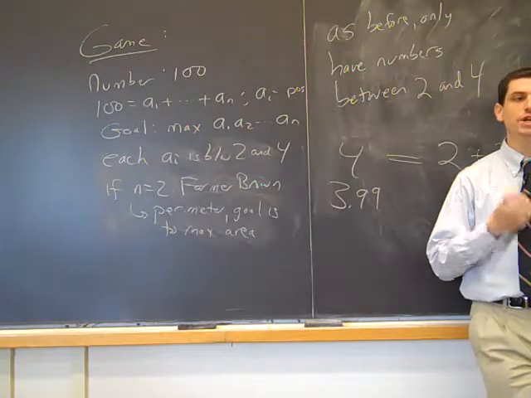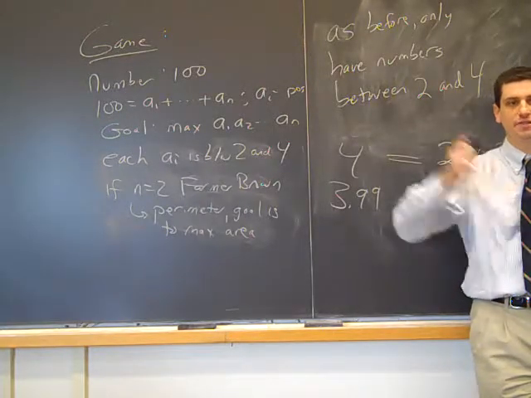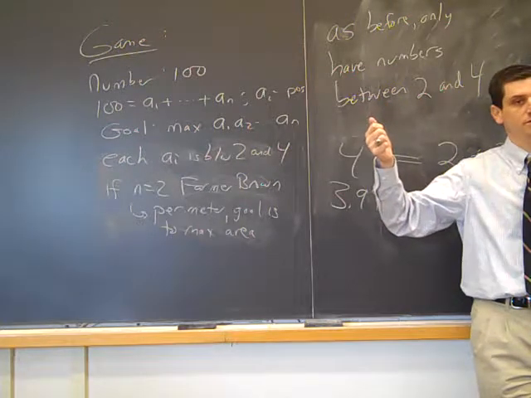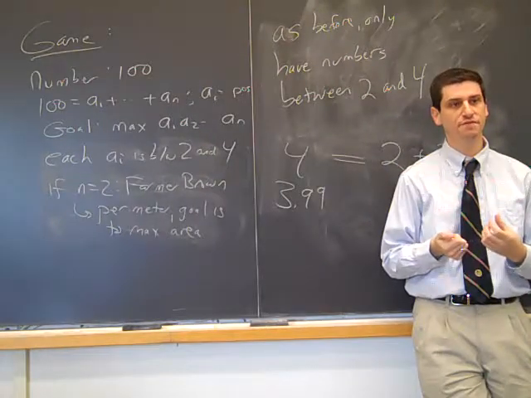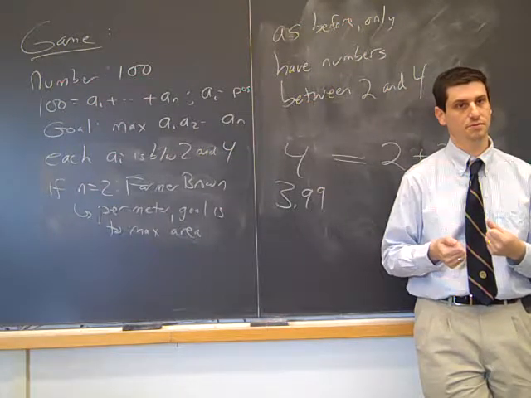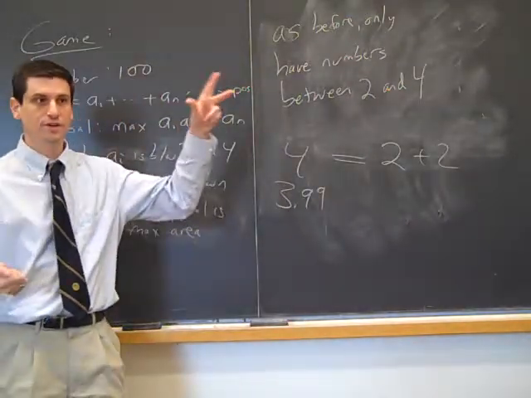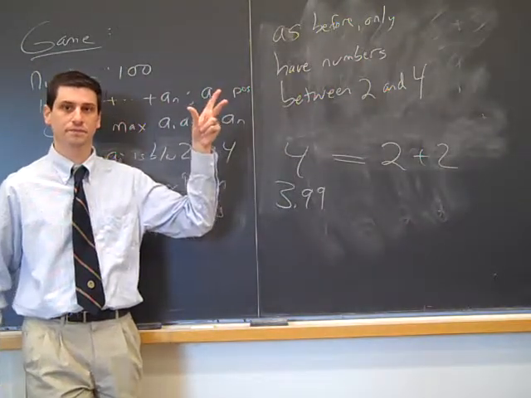If you now take n equals 3, you basically say you're going to have some kind of rectangular box, and you want to have a fixed value for the sum of the length, width, and height. And then you want to see what's the largest volume you could get for a given frame.